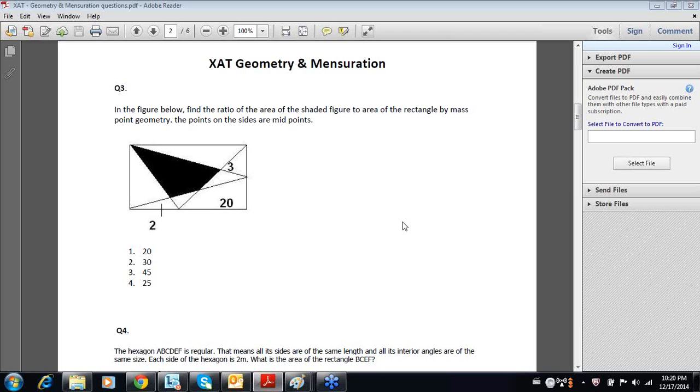By mass point geometry, you can find this value 25 to be the area of the shaded region. So actually the question is not the ratio, it is the area of the shaded figure. That is a small mistake from my side. So it should be the area of shaded.